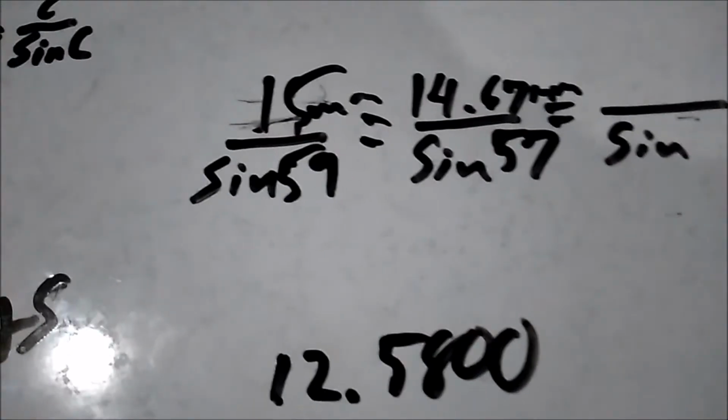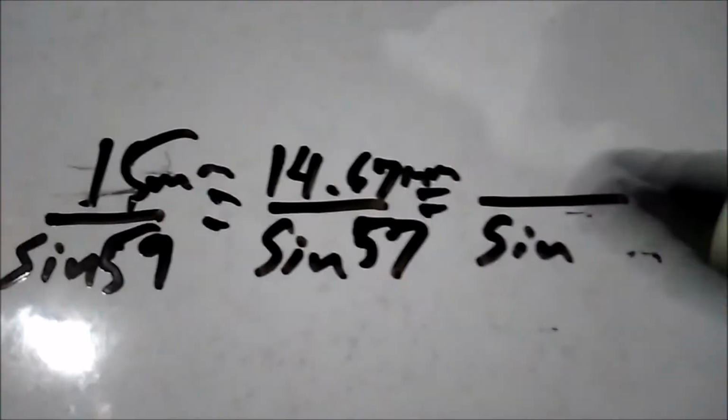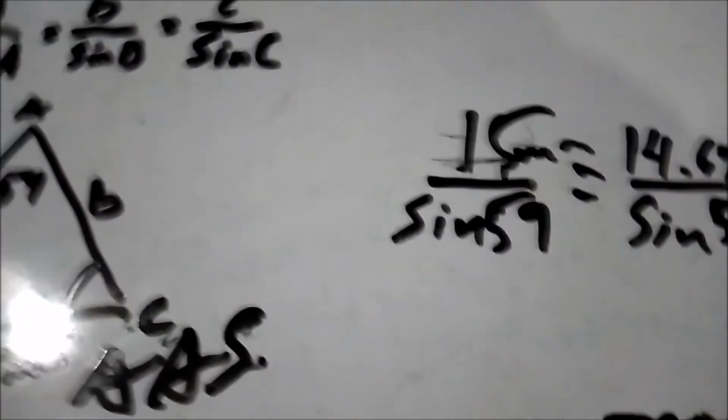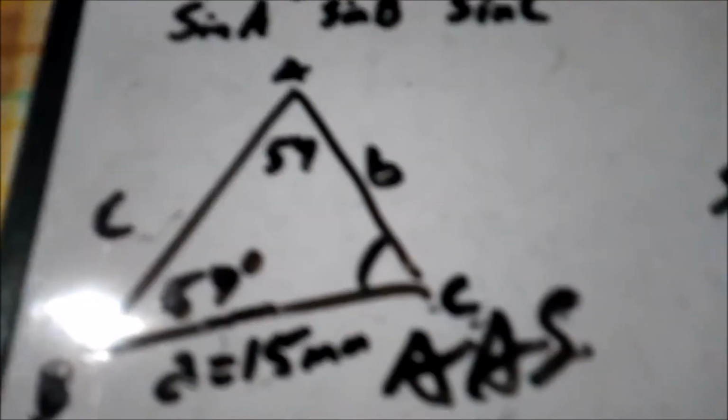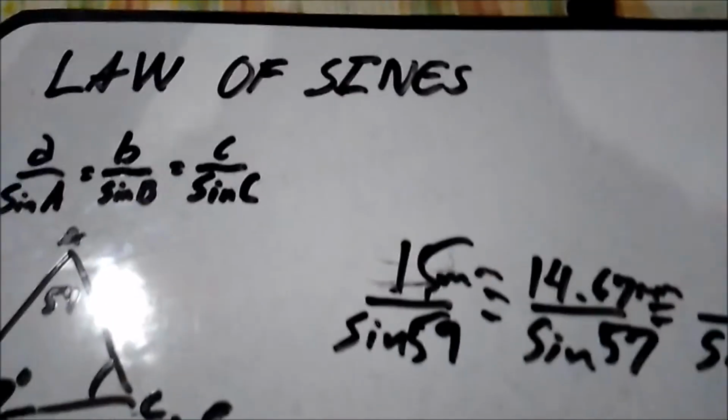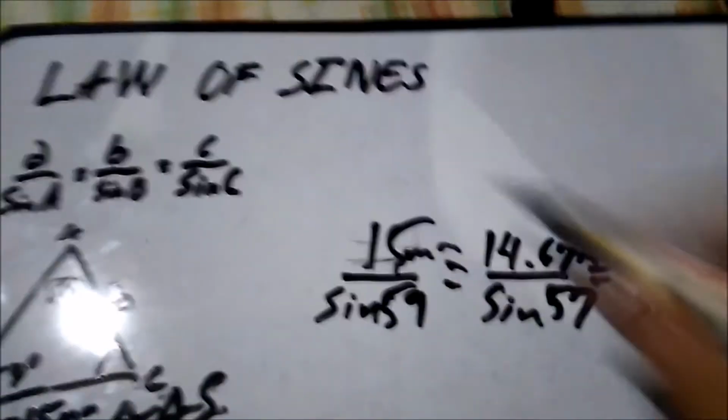To find the third one, which is missing, both the angle and the side are missing, so I'm going to solve first for the missing angle. When you add two angles and subtract from 180, the answer should be 64 degrees. So still use the given values, because you might be wrong at the second one.